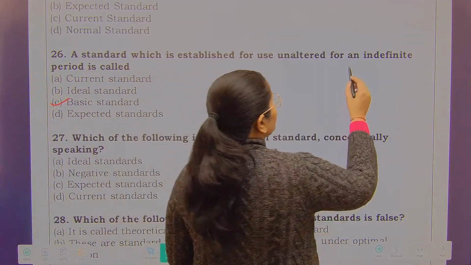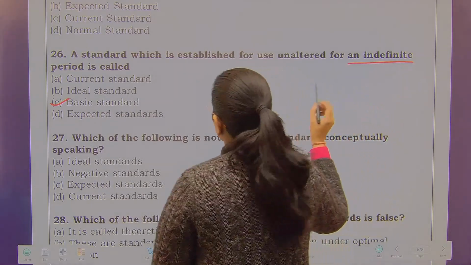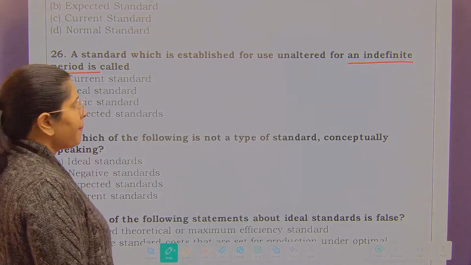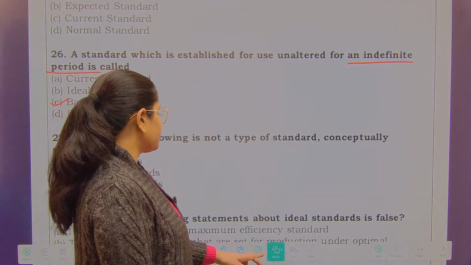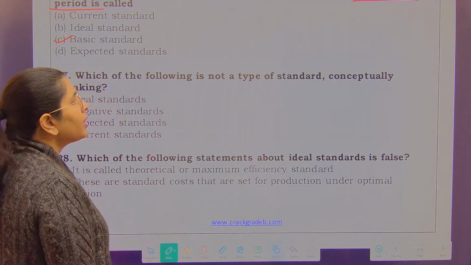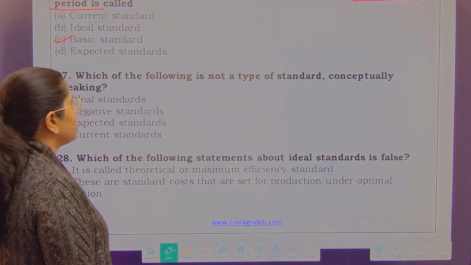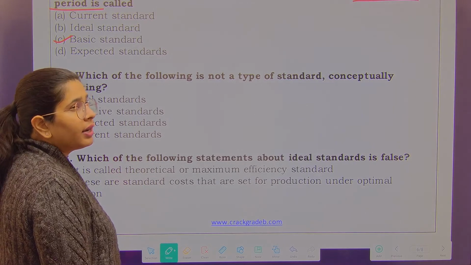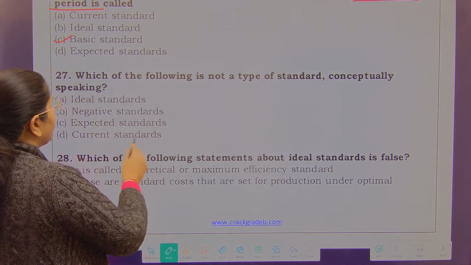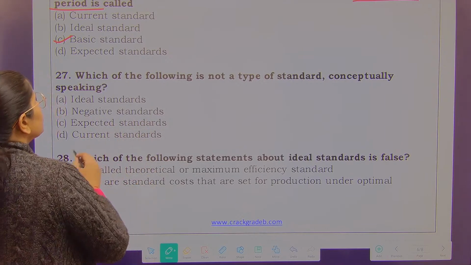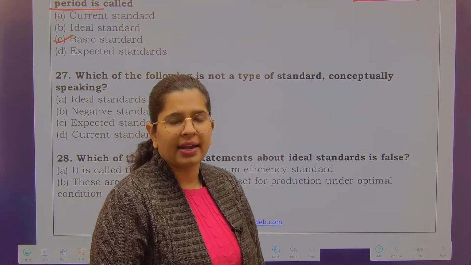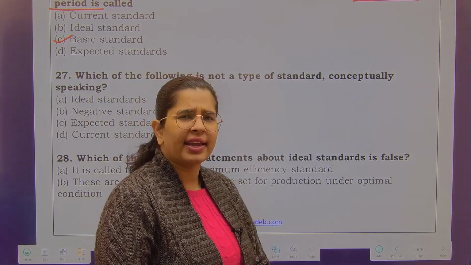The standard which you are not going to change for an indefinite period is called the basic standard. Next one is, which of the following is not a type of standard, conceptually speaking? Ideal, negative, expected, current. So obviously, if I ask you what should be the standard, do we make any standard for negative things?